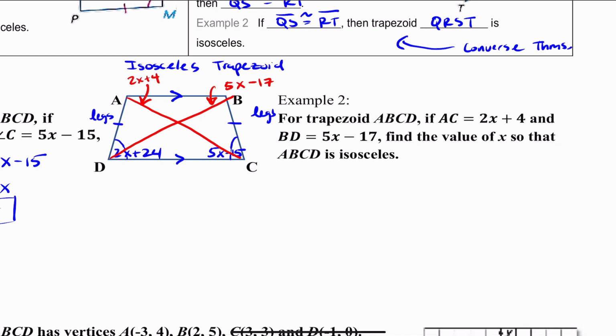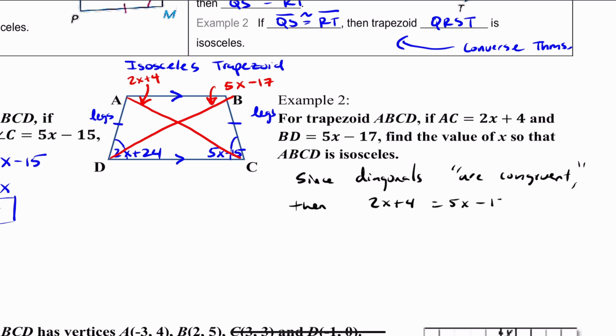Since these diagonals are congruent, then we can say that 2x plus 4 is equal to 5x minus 17. So then, doing the algebra, I am going to get 21 equals 3x, so 7 is equal to x. That's my answer.